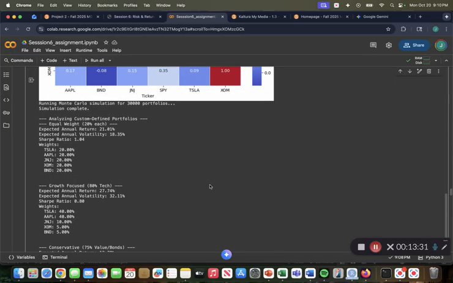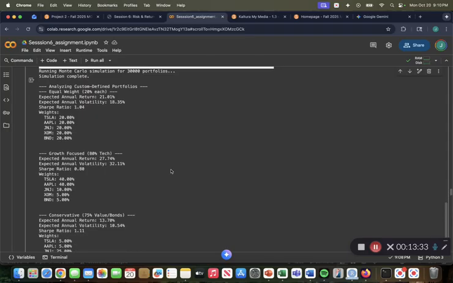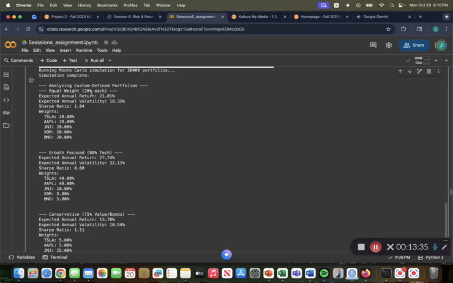Going down to the rest of the results from the implement stage, so looking at the return, volatility, and the Sharpe ratio for the equal weight portfolio here, we can see the weights are all equal. We put 20% of our 10,000 in each of these, so it would be $2,000 in each of these bonds. It doesn't have a very high Sharpe ratio. It's still good.